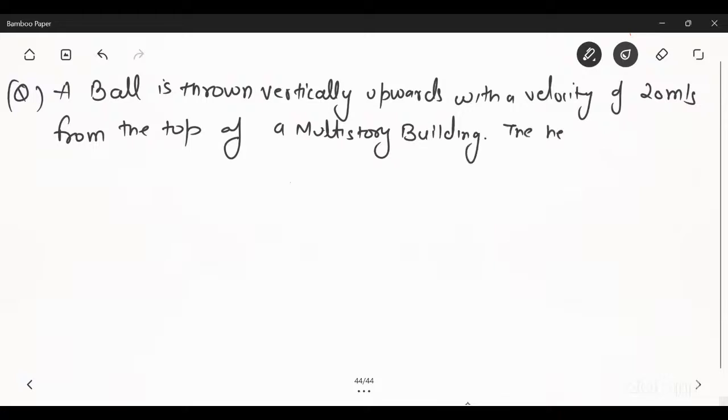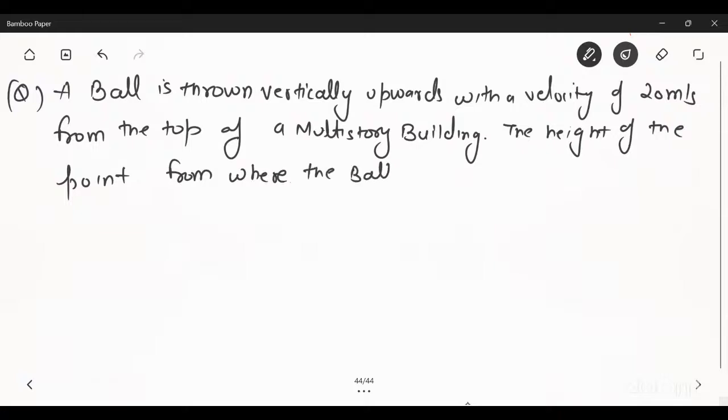The height of the point from where the ball is thrown is 25 meter from the ground.